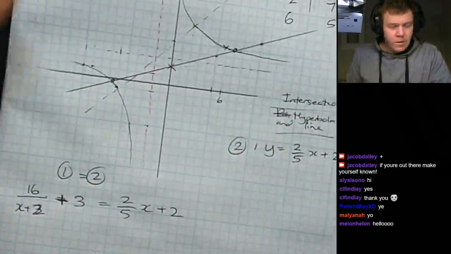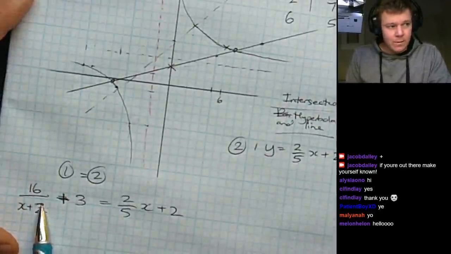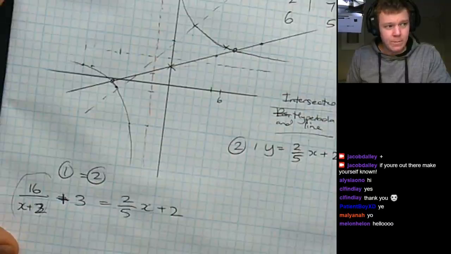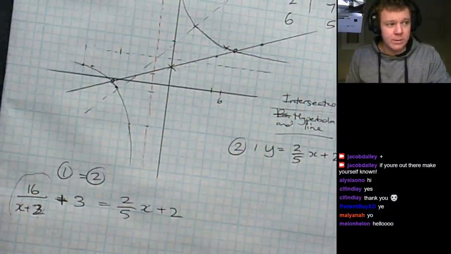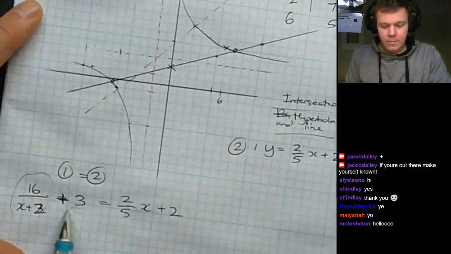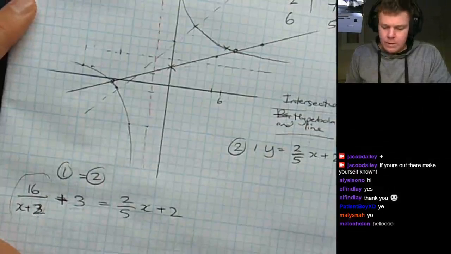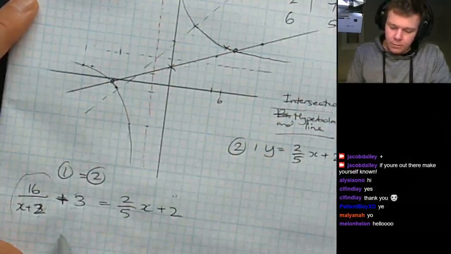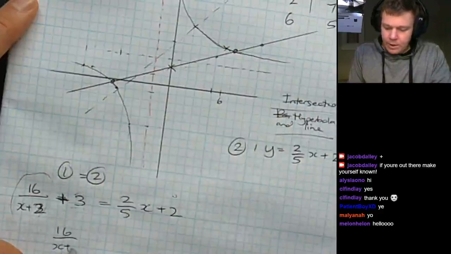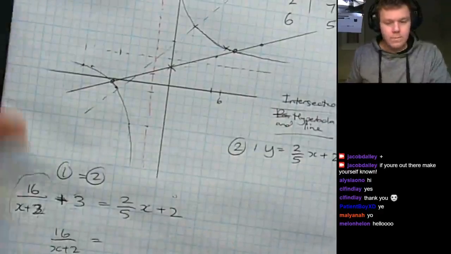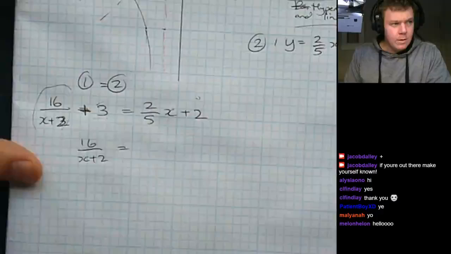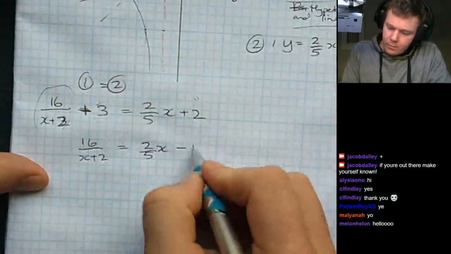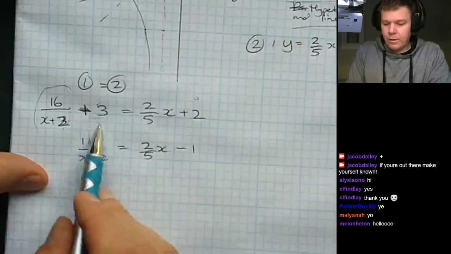Alright, so when you're doing algebra, you generally want to isolate this fractiony part before you do any other algebra steps, because otherwise this is going to mess with it. So we want to move that plus 3 to the other side to become a minus 3. So your next step would become 16 over x plus 2 equals 2/5 x minus 1. So just minus 1 from both sides.